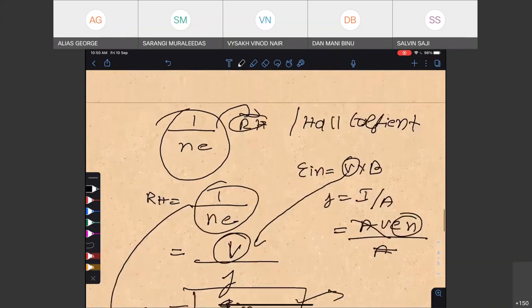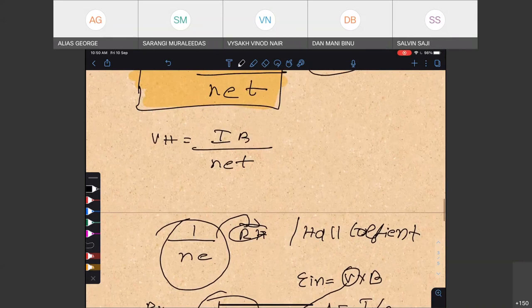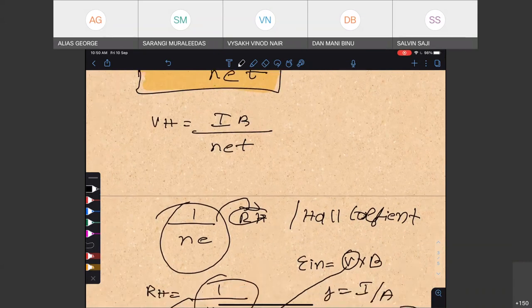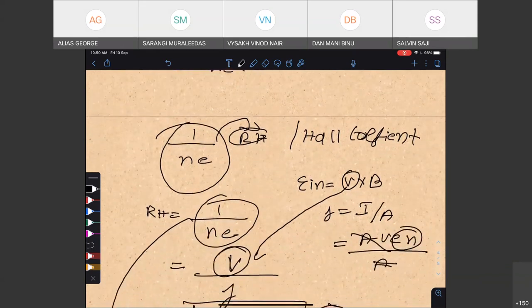Yeah, Hall coefficient. I just called this 1 by NE the Hall coefficient, for no particular purpose. And instead of that 1 by NE, I took this E. We earlier derived that the induced electric field is nothing but the drift velocity into B. We balanced the two forces and we got this equation.